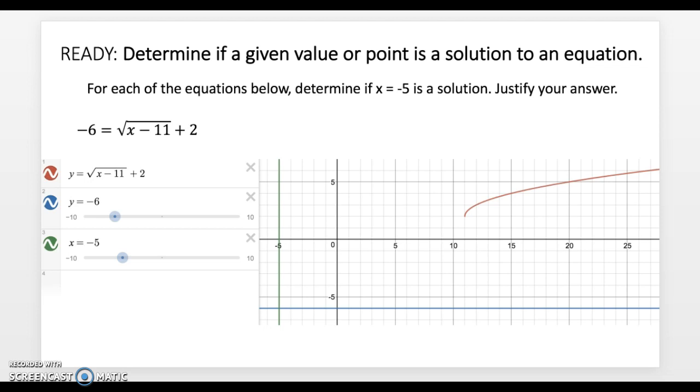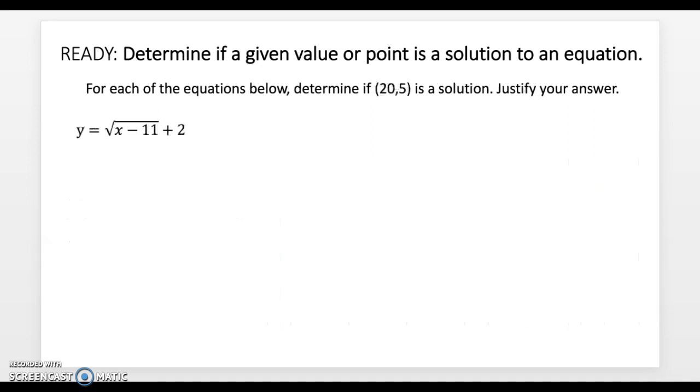In blue, you can see y equals -6, the other side of the equation. You can see they do not intersect in the graph, which is why 75 is an extraneous solution. And then you can see in green that x equals -5 is only intersecting with -6 and not with the other graph, and so therefore it's not a solution to the problem.